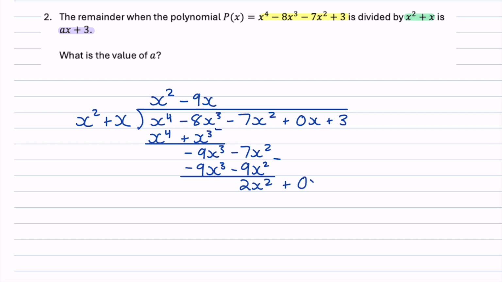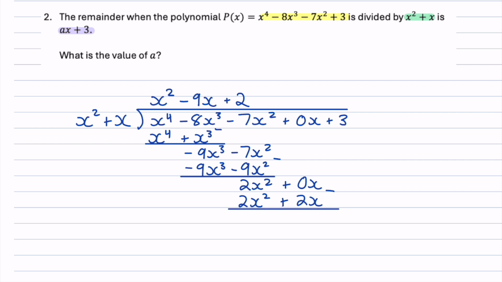I bring down my next term and I repeat again. So 2x squared divided by x squared is going to give me 2. And then I'm going to do 2 multiplied by all of x squared plus x. So I have 2 times x squared is 2x squared plus 2x, and then I'm going to subtract.